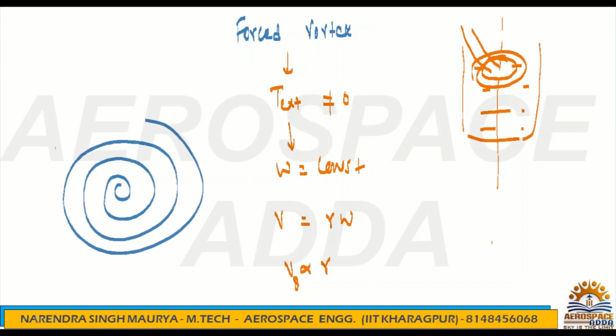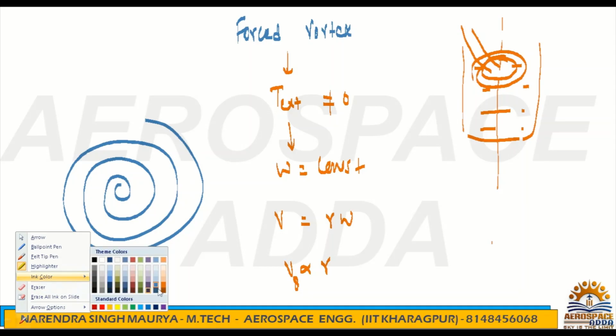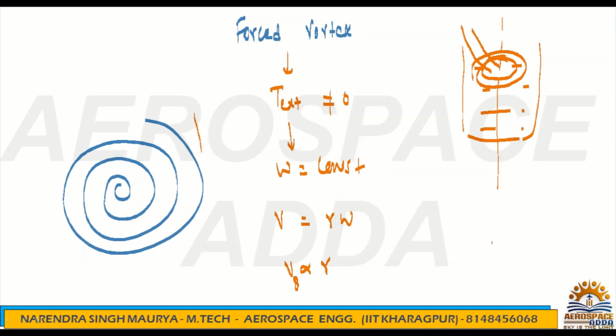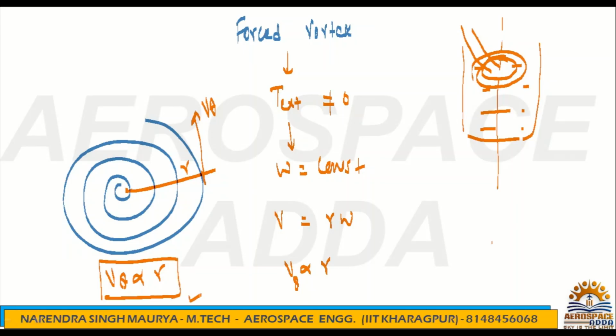If it is a force vortex, whatever tangential velocity you have here, say v theta, around this point, at radial distance r, then v theta is directly proportional to r. Radial distance increasing means tangential velocity increasing.